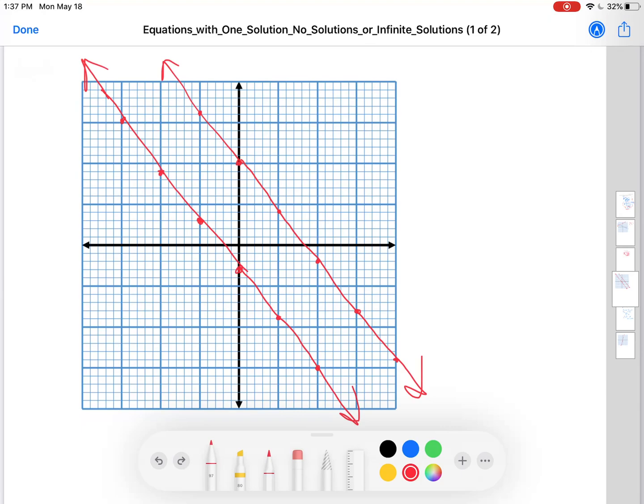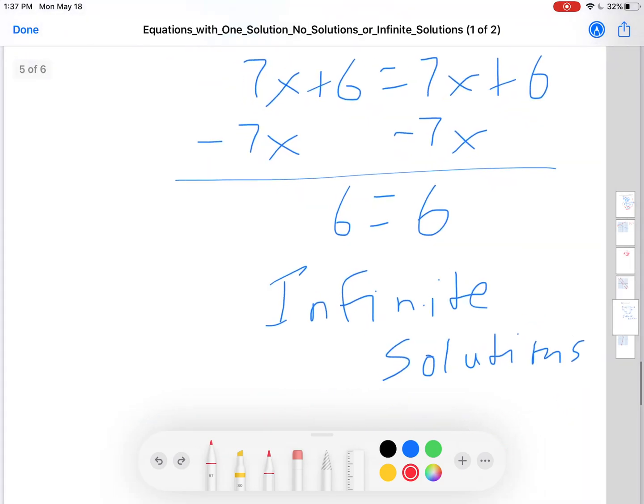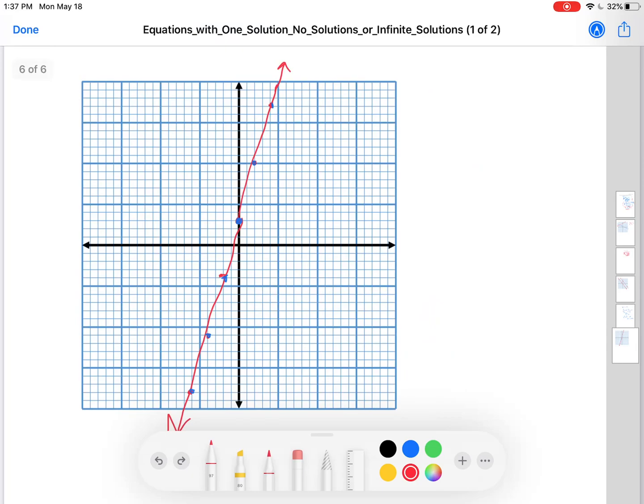Graphically, they end up being parallel to each other. Or you get a solution where one number equals itself. Well, one number always equals itself. It doesn't matter what x is equal to. Then you get an infinite number of solutions. Graphically, you end up with two lines that are actually just one line, one on top of the other.